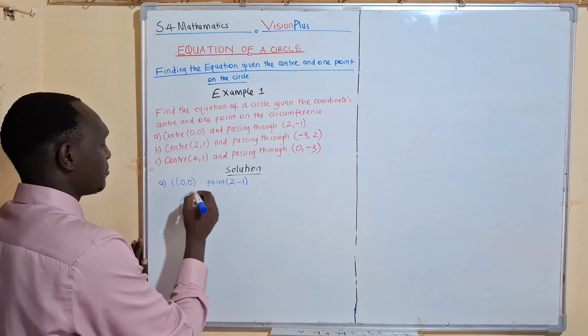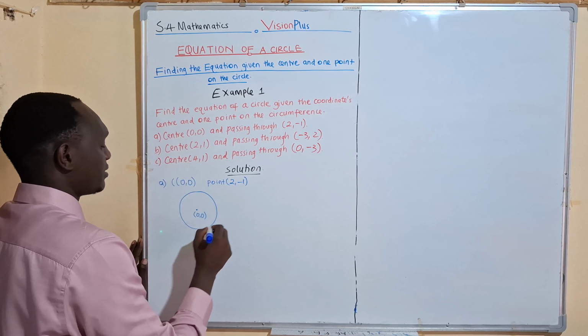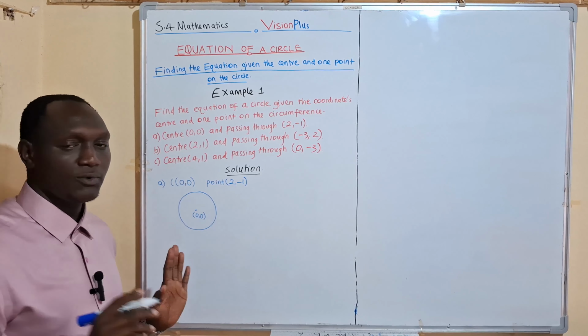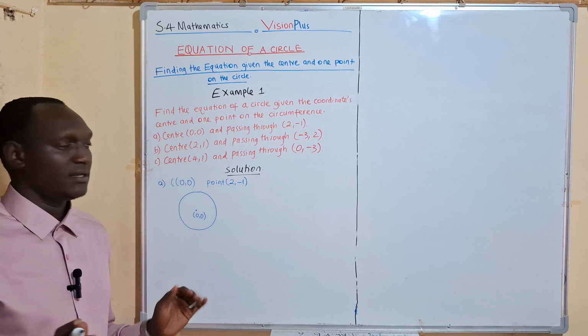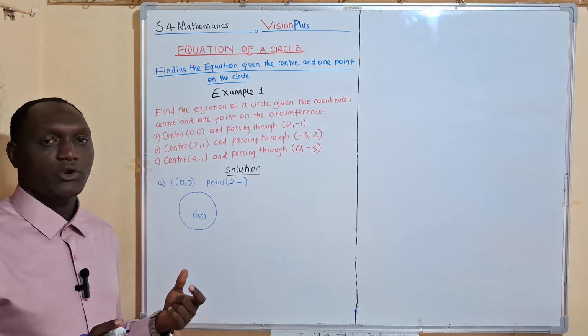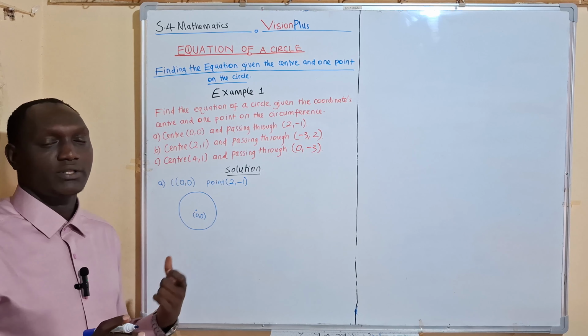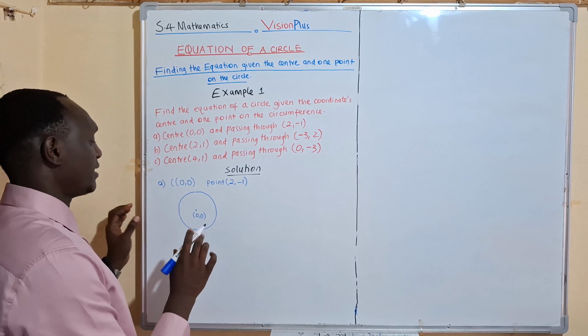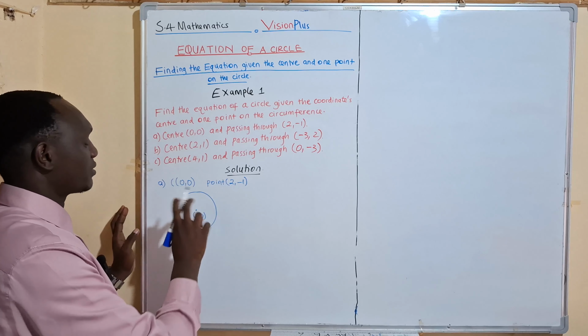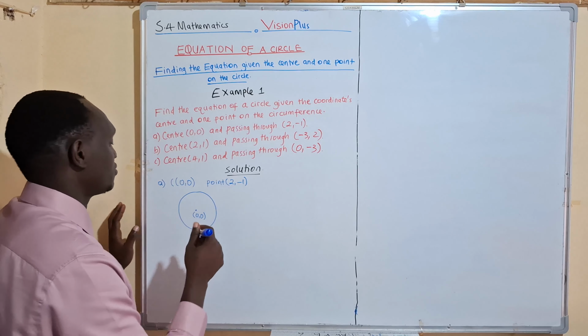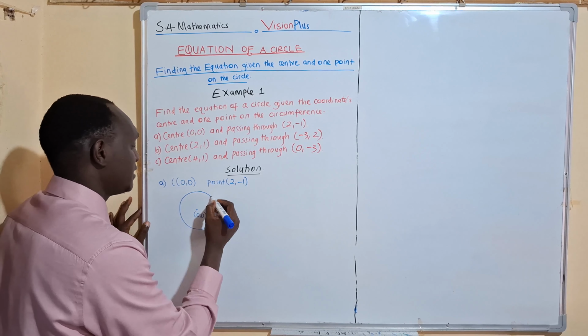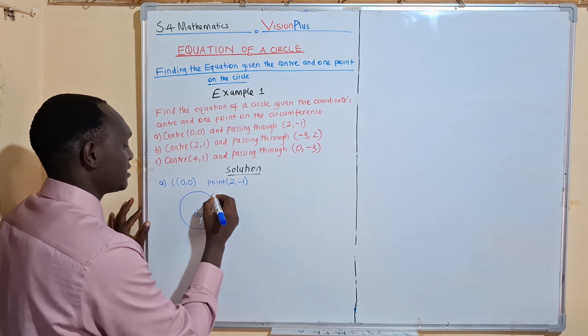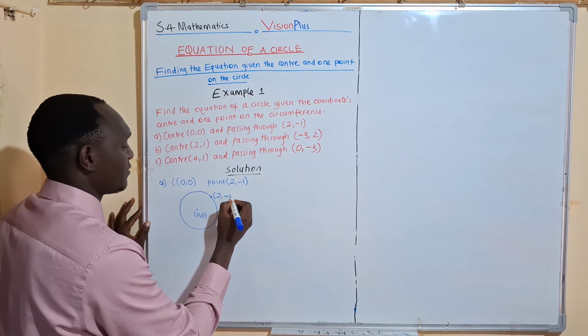Remember, this is just a point lying on the circle, on the circumference. So you can put it anywhere you want, because we are not locating the circle on the Cartesian plane. You can put the point anywhere you want, because the circle can be rotated. So assuming this point is here, this is the point, which is 2 and negative 1.